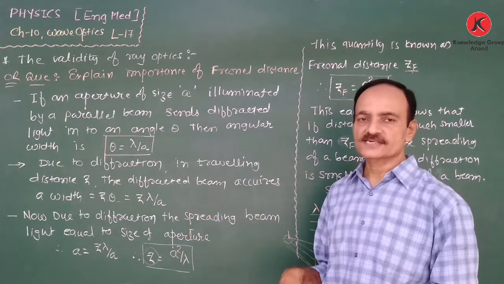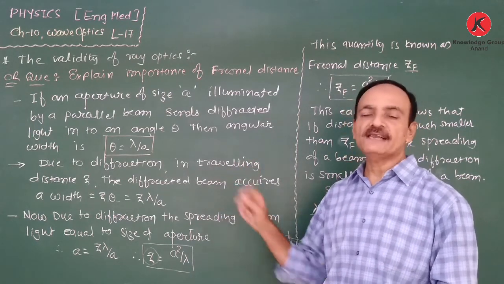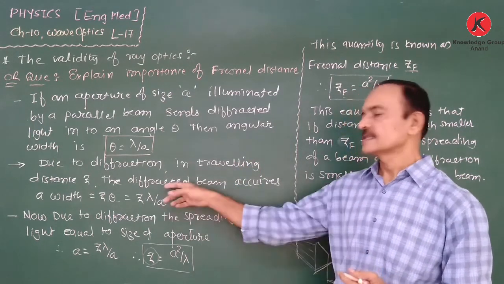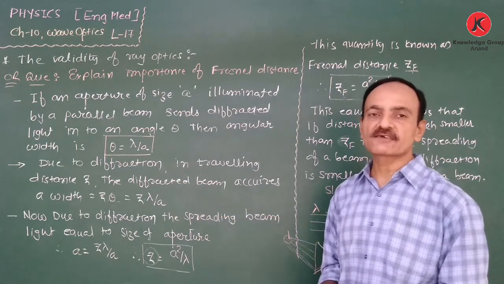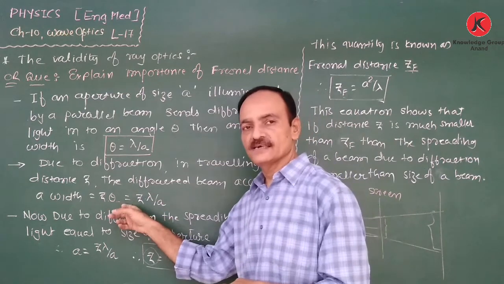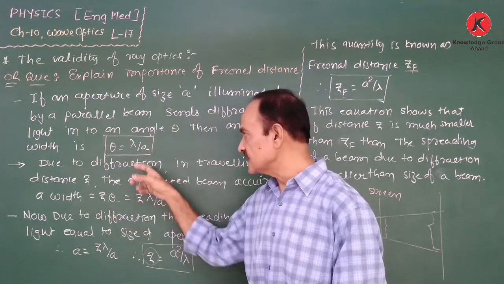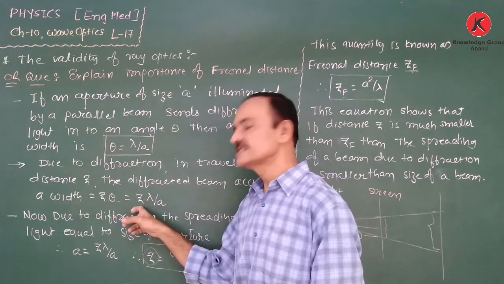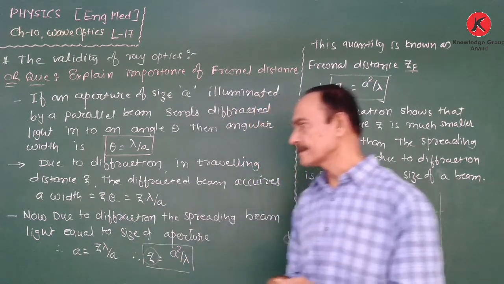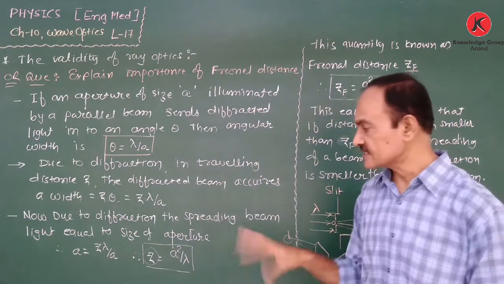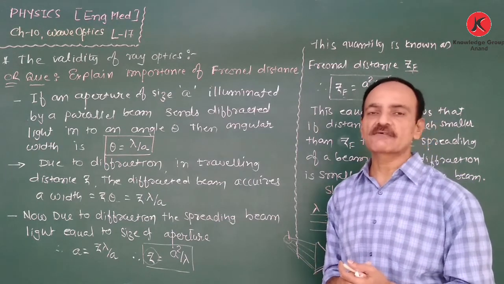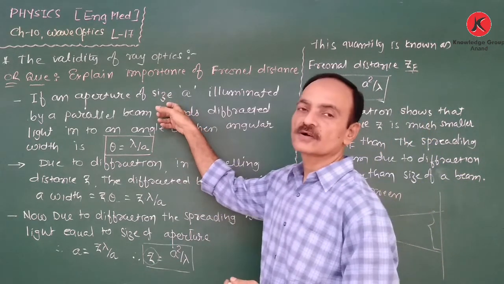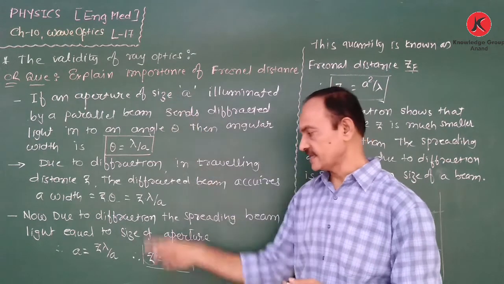Now, due to diffraction, in traveling distance Z, the diffracted beam acquires an angular width equal to Z theta. Theta is equal to lambda upon a, therefore Z lambda upon a. Due to diffraction, the spreading of the beam of light is equal to the size of the aperture a.